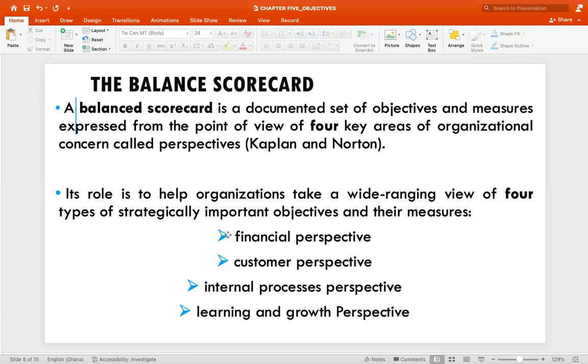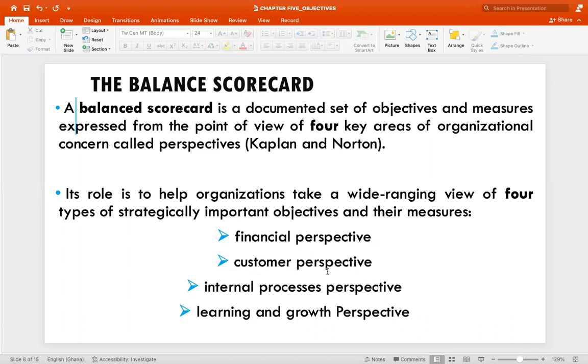So it will force managers to have objectives that address the financial perspective. The balanced scorecard will not tell you to be making losses. No. It will force a manager to think about ways to improve profit, to improve sales. But unlike the absence of the balanced scorecard, where this will be enough, you don't end here.